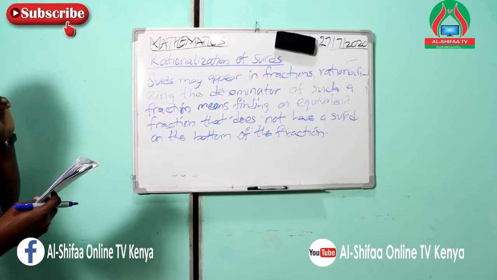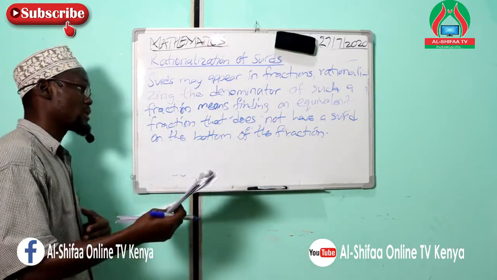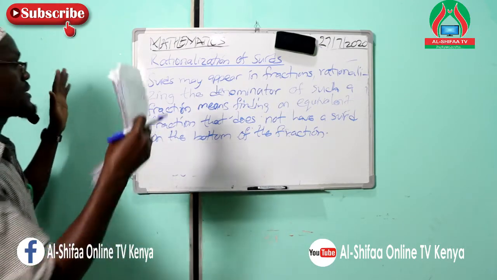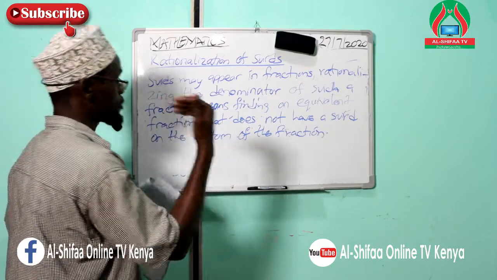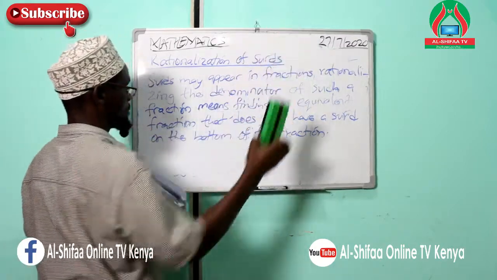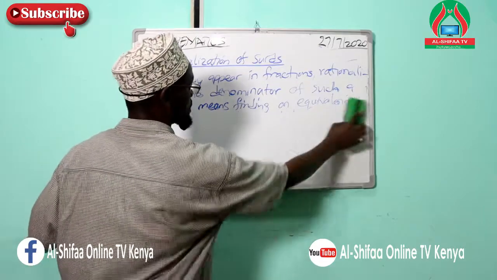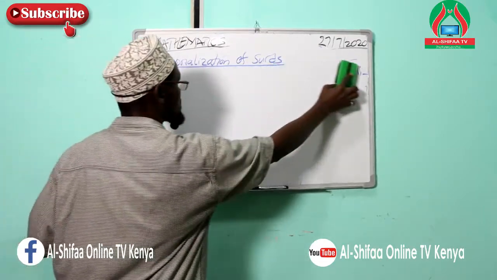So when you are told to rationalize, you should understand that you are just being asked to find an equivalent fraction, which means in the process you'll be getting rid of the surd at the denominator, but you are not doing anything else than just finding an equivalent fraction.